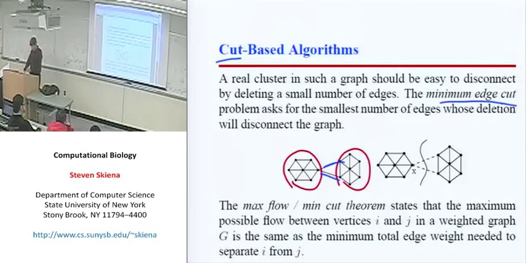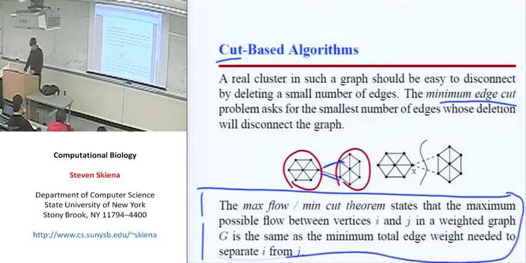The other thing that is good news is that algorithmically, given a graph, finding the smallest number of edges to cut to disconnect the graph turns out to be an easy problem. Easy in the sense that there is an efficient algorithm. Not easy in the sense that there is an easily explained efficient algorithm.